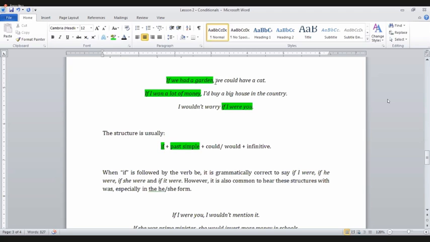Now the remaining three clauses are the main clauses. I'm highlighting them in yellow. Look at the sentences and tell me the sentence structure. Look at the first one. We have the subject, we, and what is the tense? Yes, we have could.